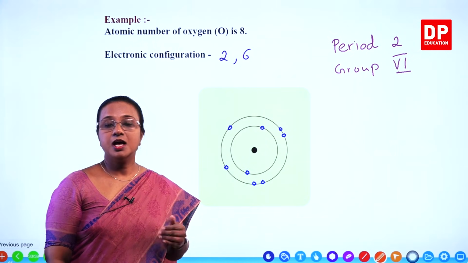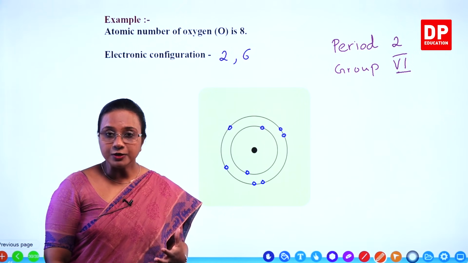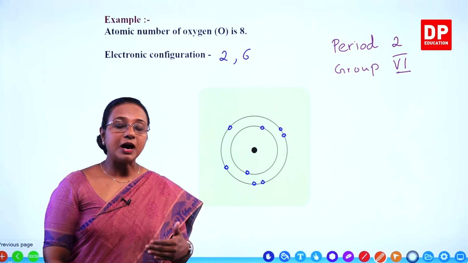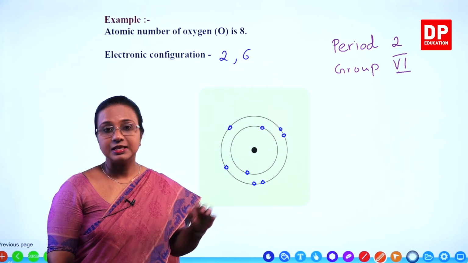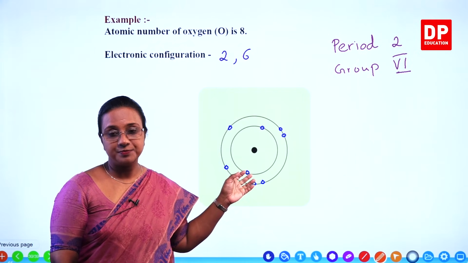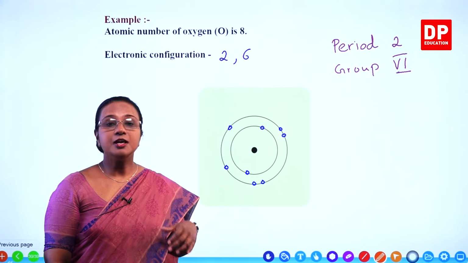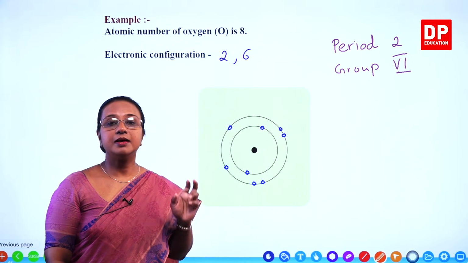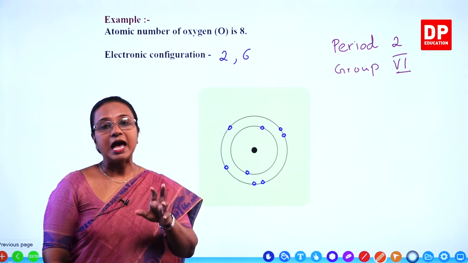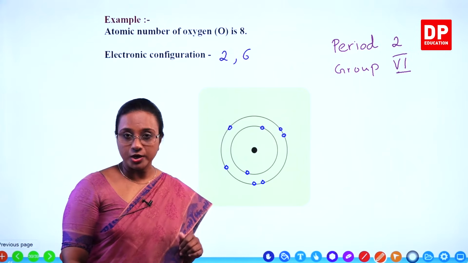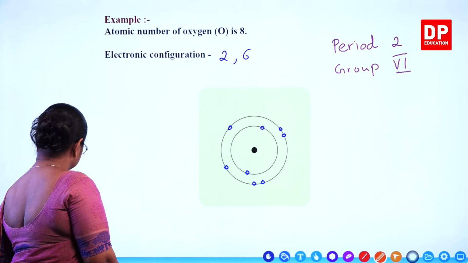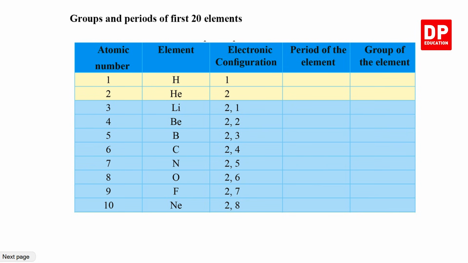So students, now you have a very good understanding about identifying the position of elements in the periodic table. With that in mind, we will summarize the period number and the group number of elements in a periodic table. Groups and periods of first 20 elements.